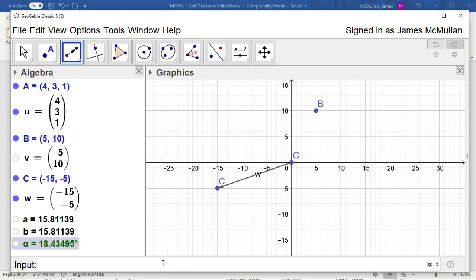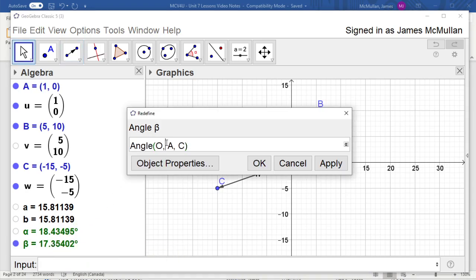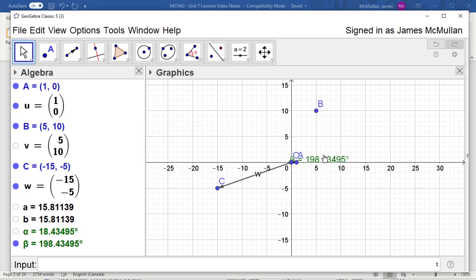So when I draw the angle, let's make another point A equals 1, 0. And then let's measure the angle A to O to C. What is the angle it comes up with? 198.43495.